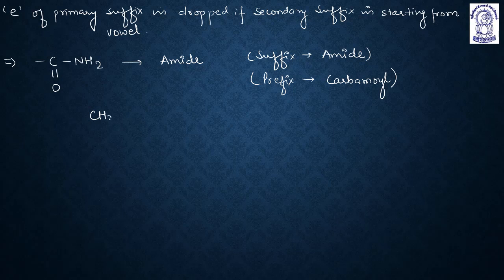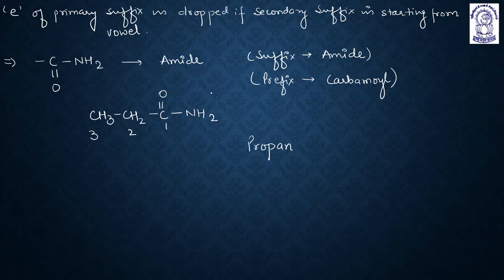For example, CH3CH2C double bond O NH2, longest carbon chain 1, 2, 3. The root word is prop, carbon-carbon single bond ane. The E will be omitted. Now this is amide, so you have to write that it is an amide which is basically derived from acid. Understood?